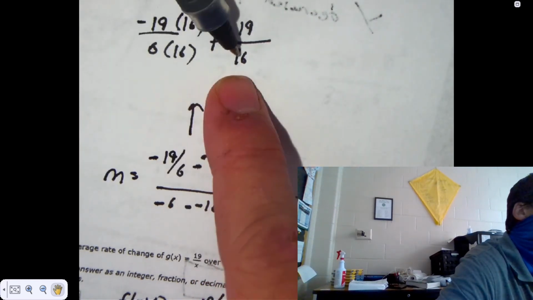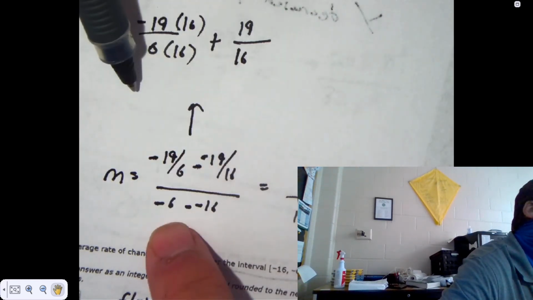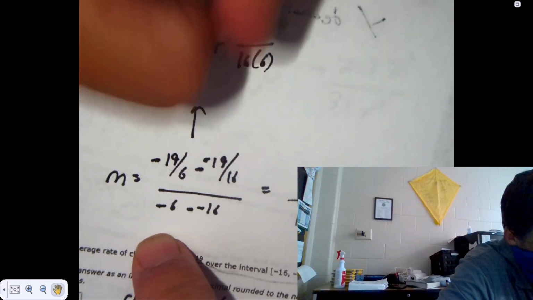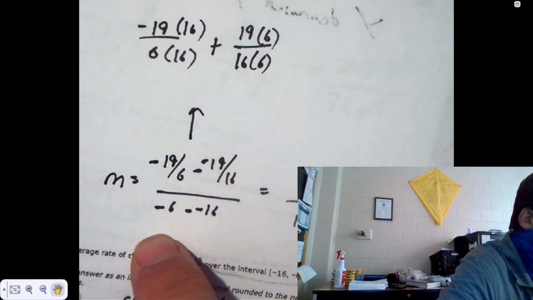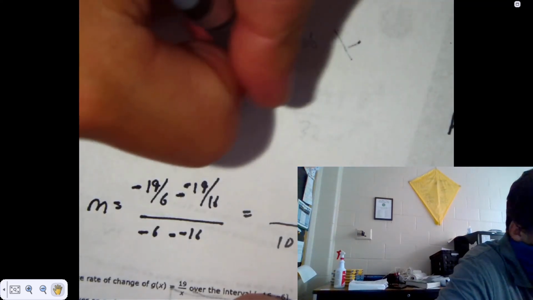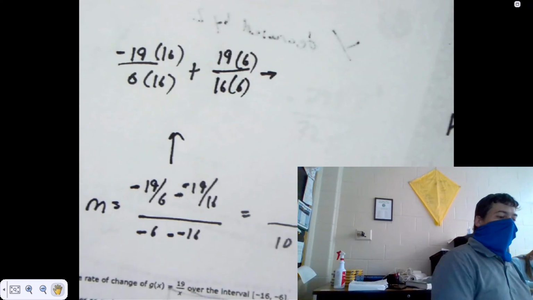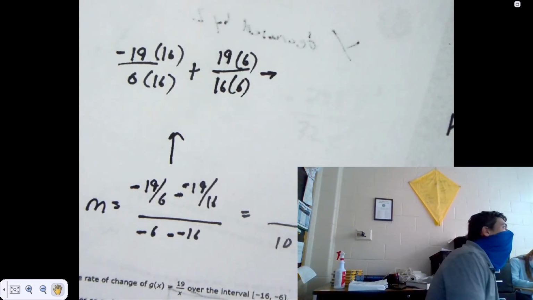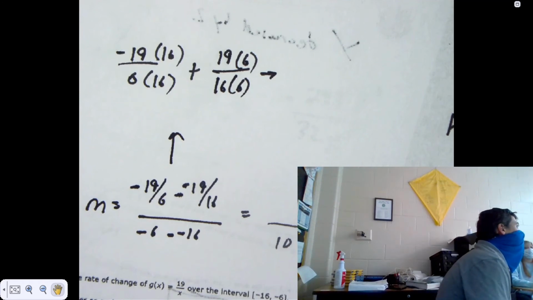Now this 16 needs to be multiplied by 6. The numbers are a little bit on the big side. Negative 19 times 16, what I do is I use the number 20. 20 times 16, just maybe 2. 2 times 16 is 32, so 20's got to be 320. And then I take away a 16, 304.